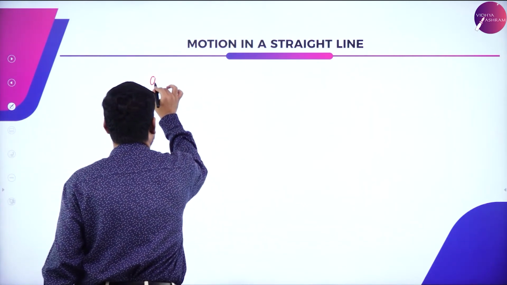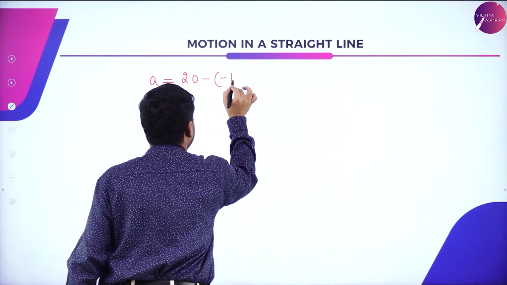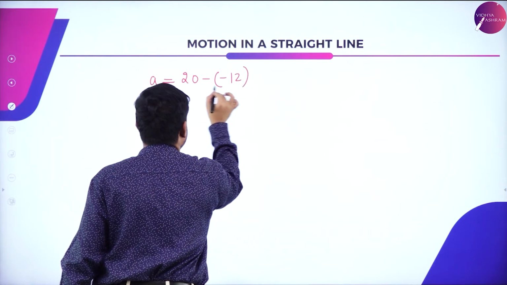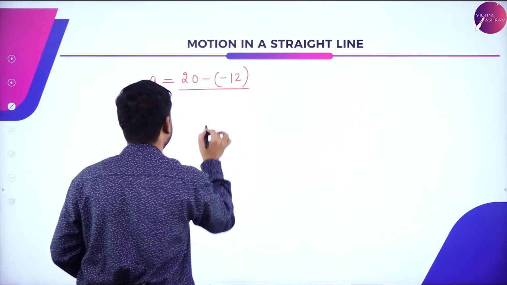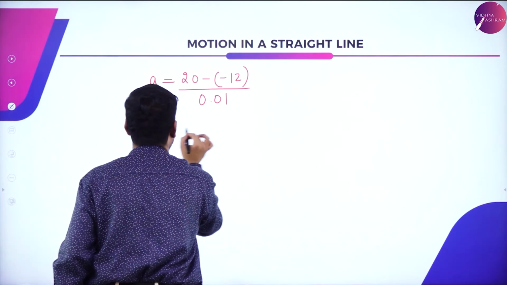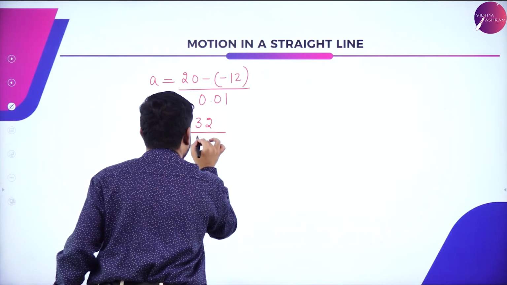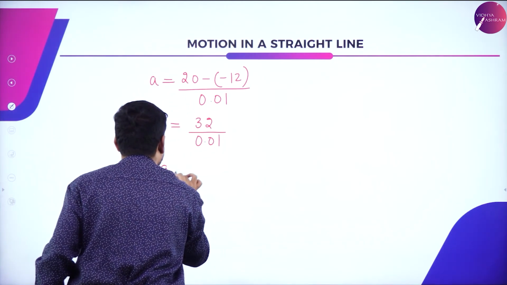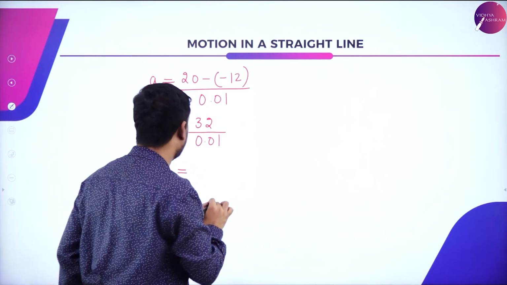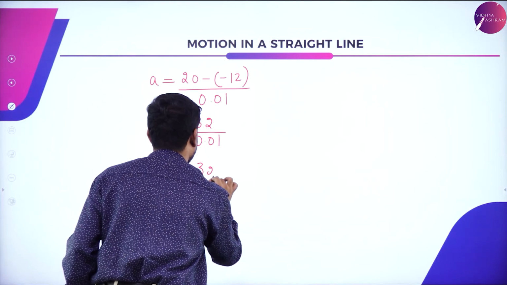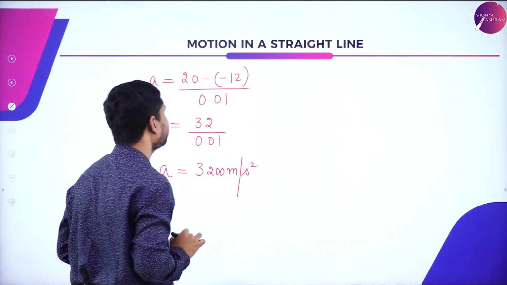So, A is 20 minus of minus 12 by t, which is 0.01. So, A is 32 by 0.01 or A is 3200 meter per second square.